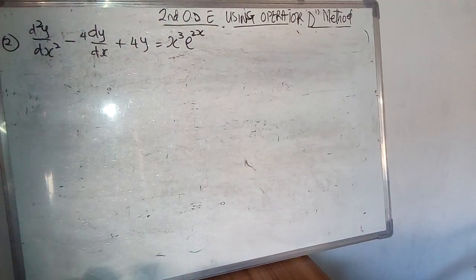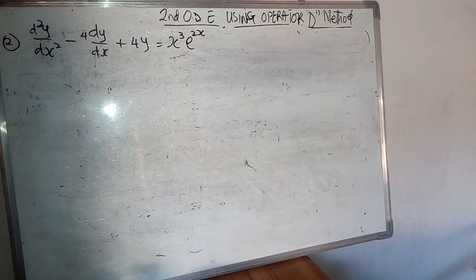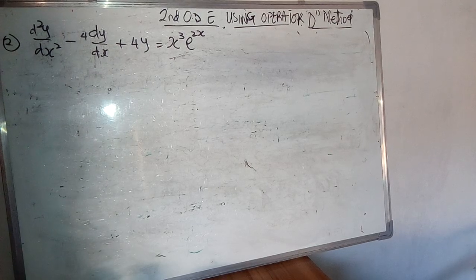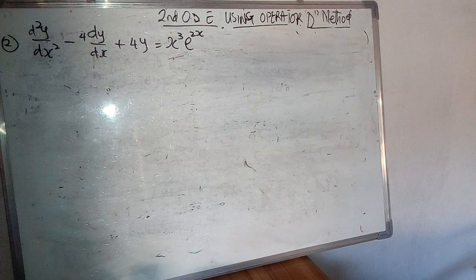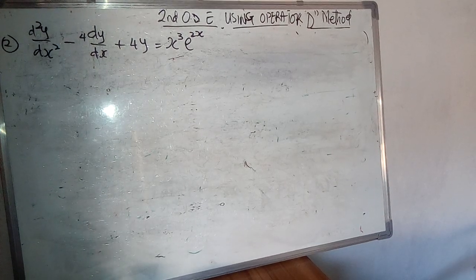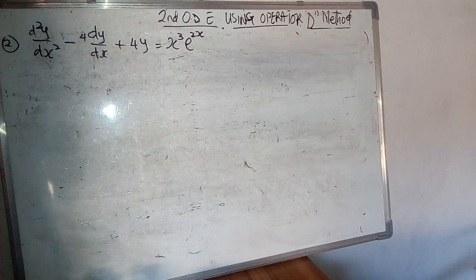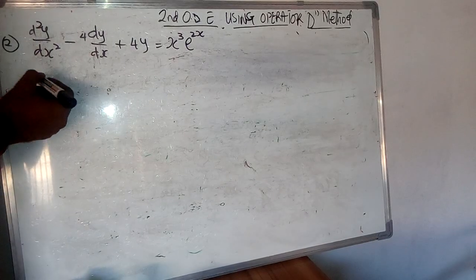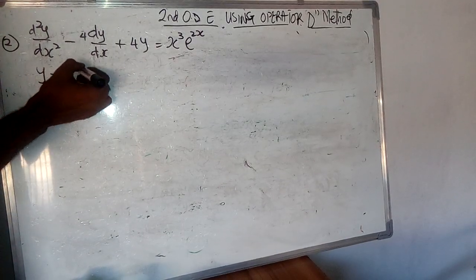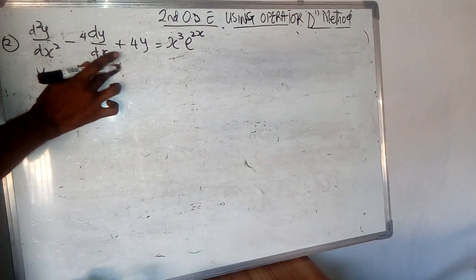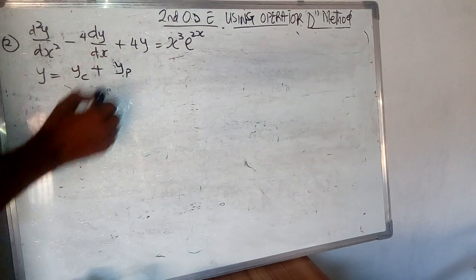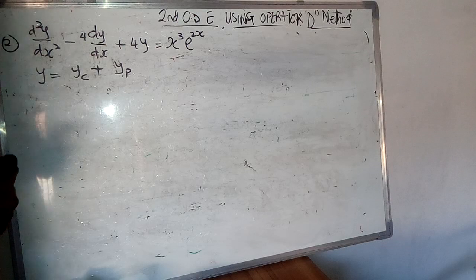Okay, for the second example here, we have d squared y over dx squared minus 4 dy over dx plus 4y equals x cubed exponential 2x. We know our normal solution is always a complementary function plus the particular function.